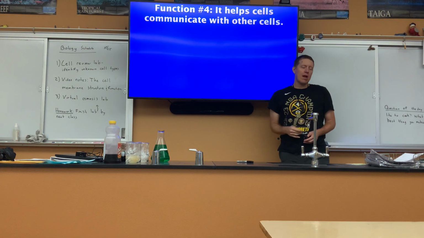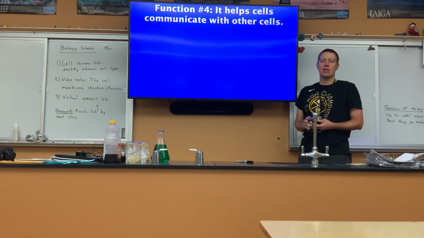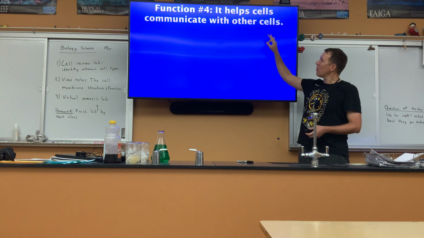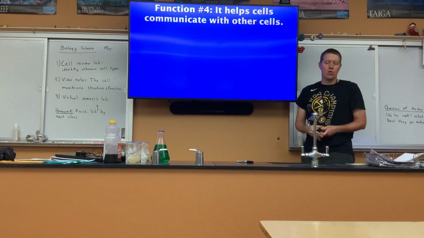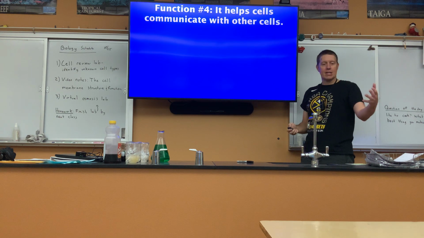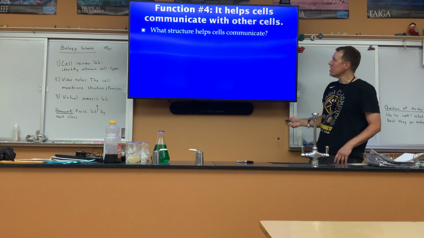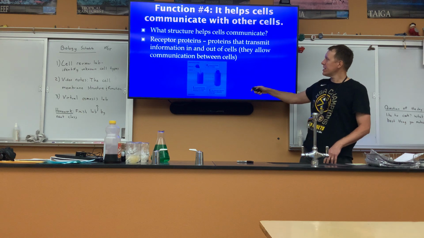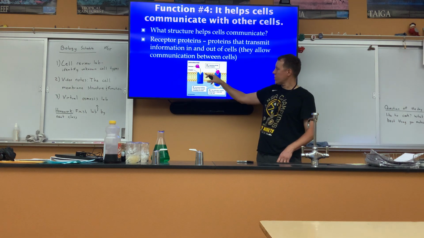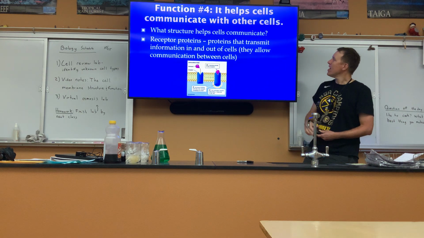Okay, and then our fourth and final thing that we're going to talk about for functions of the cell membrane is that this is the part of the cell that helps it communicate with other cells and with other things outside of the cell. In this case, it's another kind of protein. They're called receptor proteins, and these receptor proteins are also found in the lipid bilayer.